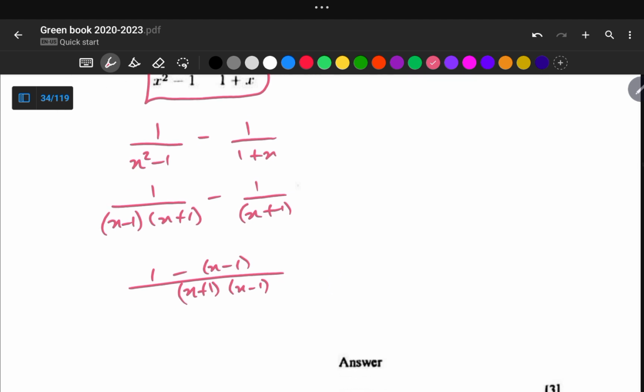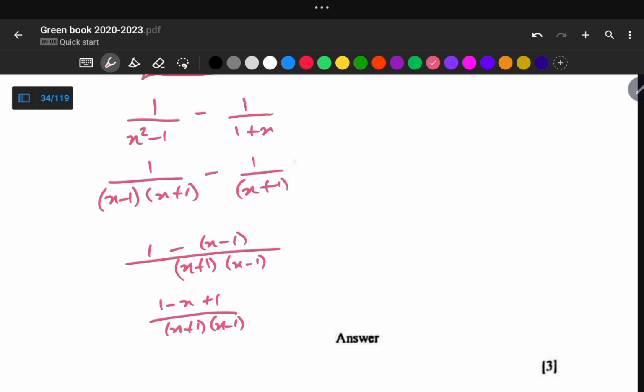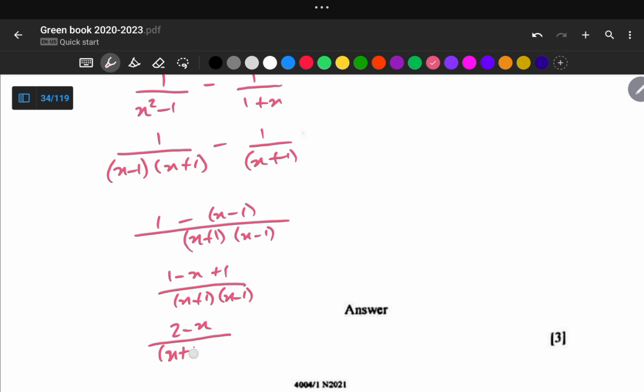So let us simplify the numerator. This gives us 1 minus x plus 1 over x plus 1 times x minus 1. If we simplify again the numerator, we get 2 minus x over x plus 1 times x minus 1. So here is our final answer.